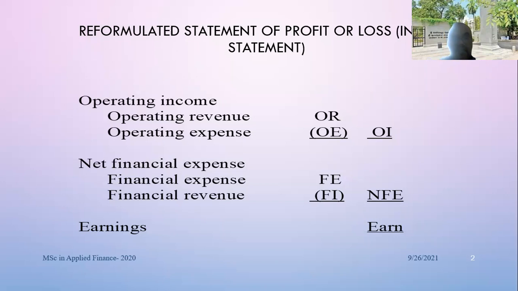As long as a business generates something out of its operation by using its assets and operating liabilities, that is called an operating item. This item could be a revenue or an expense. Therefore, in the traditional financial statement, what we have is the revenue.